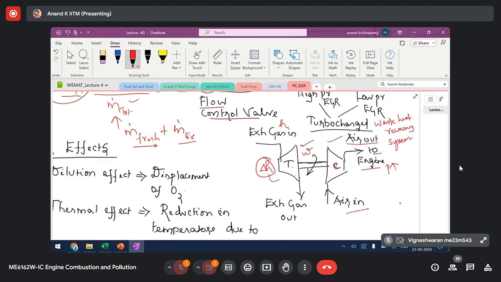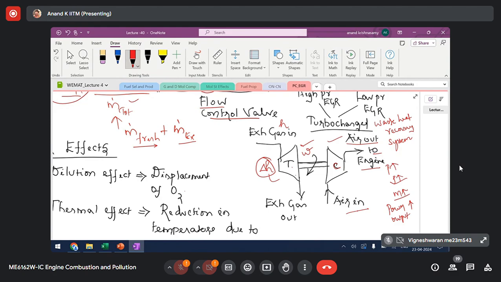Because of this higher pressure, density is high, meaning with a given volume or capacity, you are increasing the mass that goes into the engine, and this will directly reflect in power output. So with a smaller volume, you can create higher power output by increasing density or mass, having this turbocharger.